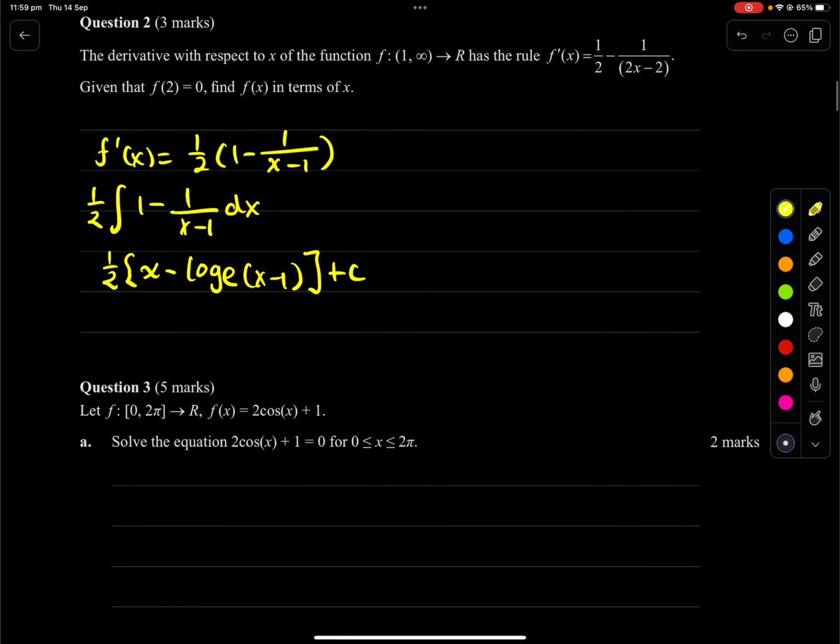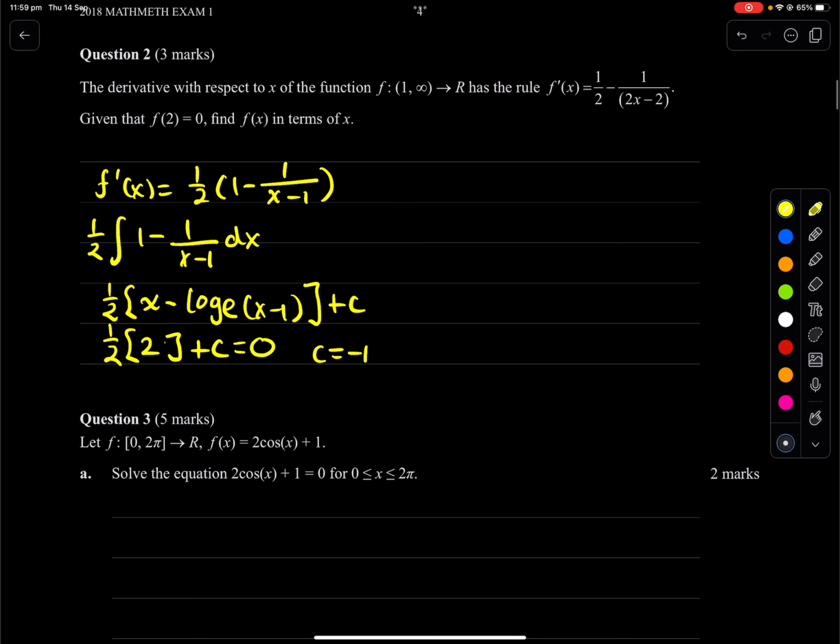plus c. And if we sub in 2, so what's half? So 2 minus log, so 2 minus 1 is 1, so that would just become 0, so we can just take that out. Plus c equals 0. So c is pretty much negative 1.